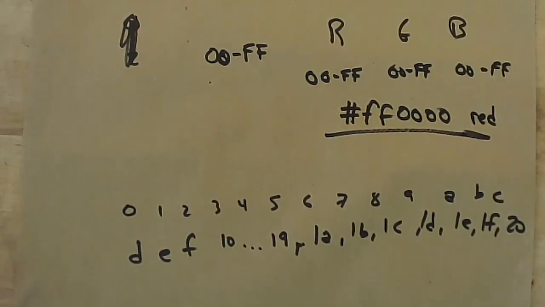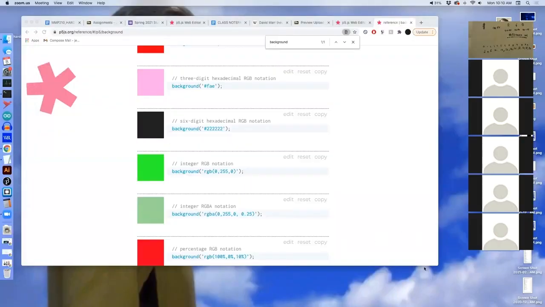Let me share my screen again. You can do that in p5 as well. But it's not necessarily the most helpful when we're thinking about colors, because it takes a bit of time to internalize the hexadecimal color naming system.